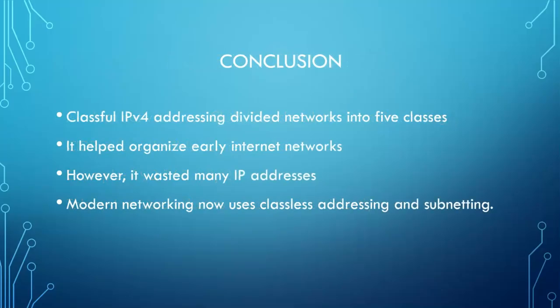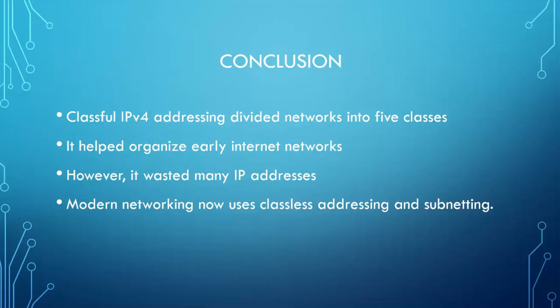In conclusion, classful IPv4 addressing was an important early method for organizing IP addresses on the internet. It divided the address space into 5 classes, which were each designed for networks of different sizes. However, this wasted many IP addresses and helped contribute to IPv4 depletion.